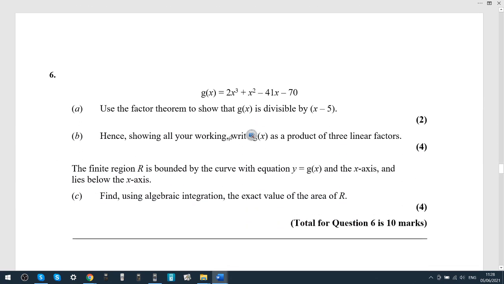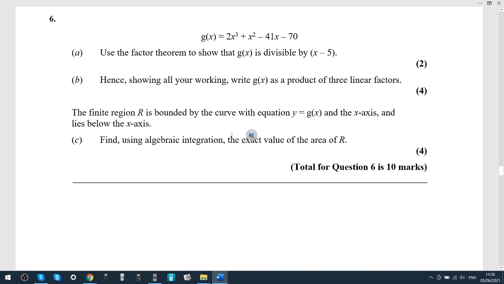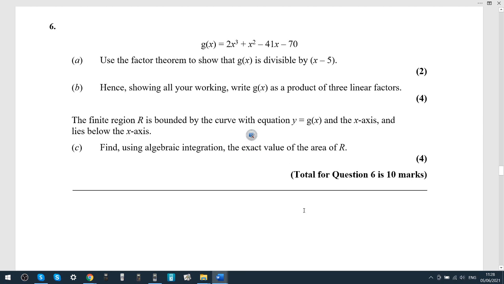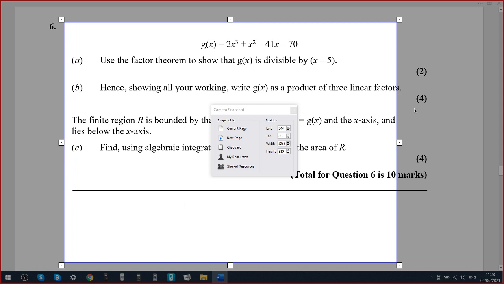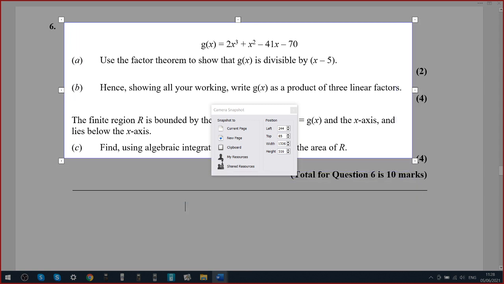All right. Factor theorem. Product of 3. So they're marrying that up with factor theorem. The finite region is bounded by this curve. How about this?